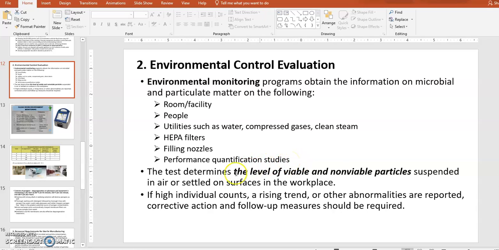Okay, so the test is done to determine the level of viable or non-viable particles existing on your samples, work surface and instrument and all those things. If high individual counts or rising trend or other abnormalities are reported through your testing, you probably need to find out where they're coming from, and corrective action should be followed up to prevent those, right?